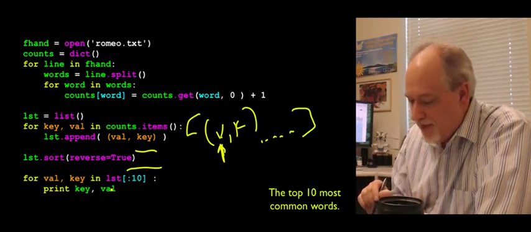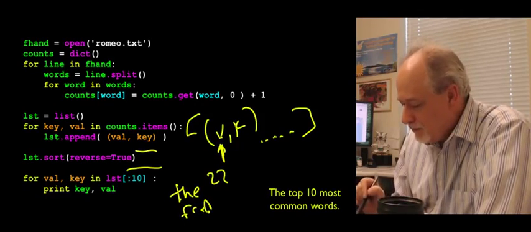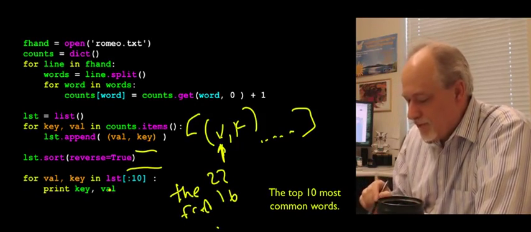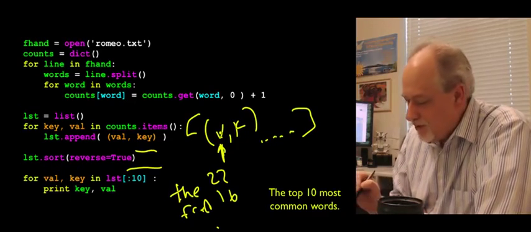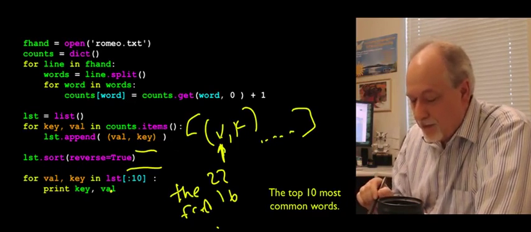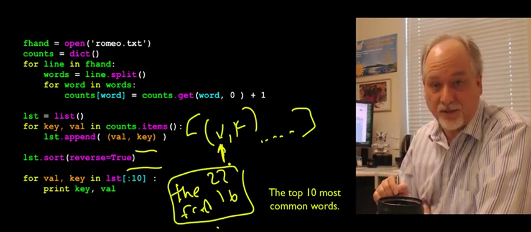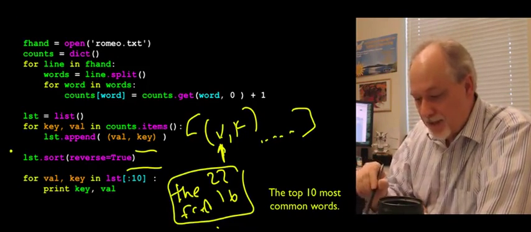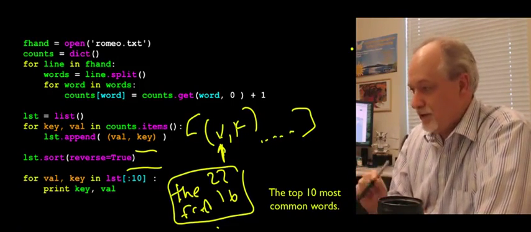Now I'm going to print out key, value, so it's going to print out the 22, Fred 16, and it's only going to print the first 10. So this list is in val key order, the tuples are in val key order, and so I'm going to print it out in key val just so that I print out in a way that makes the most sense. And so this is a simple way to do a simple histogram of the occurrence of words in a file.